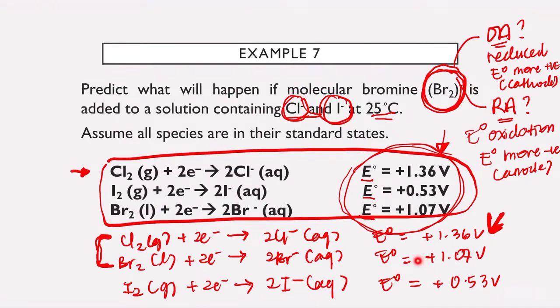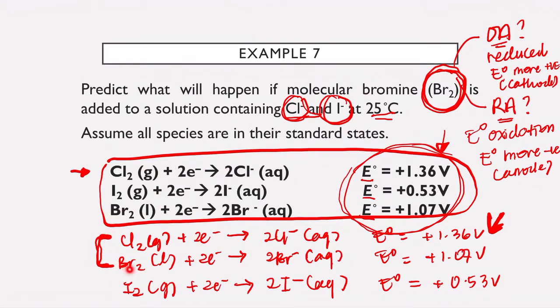That means it will not be able to oxidize Cl2, because Br2 will be the one that undergoes oxidation. So it does not act as an oxidizing agent, it acts as a reducing agent.